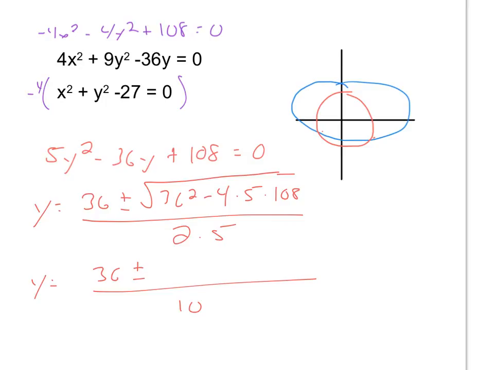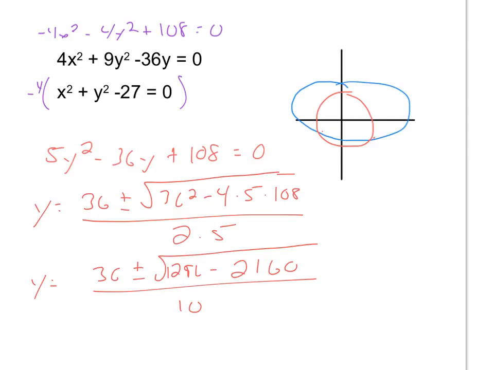36 plus or minus, well, 36 squared is 216. I'm sorry, it's 1296. I knew that didn't sound right. 1296 minus 4 times 5, which is 20, 20 times 108 is 2160. So we have a negative number inside the radical, so there's no real answer for y.